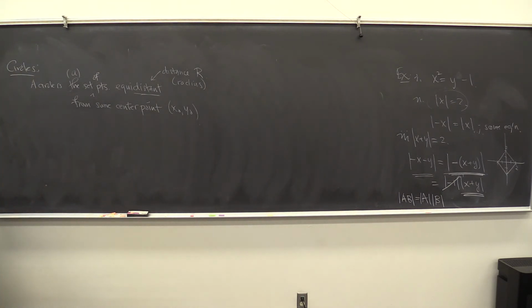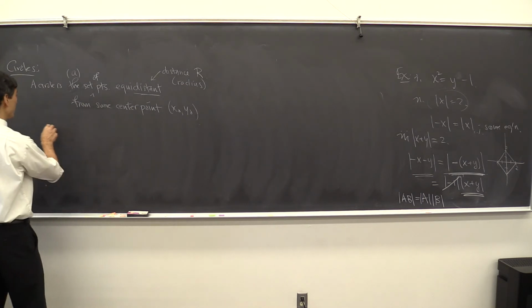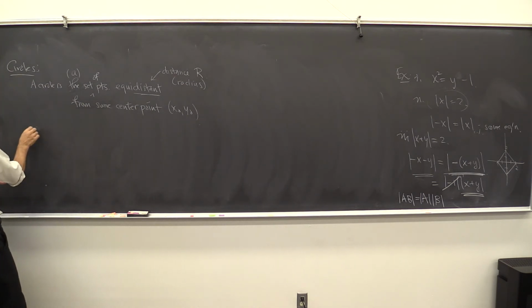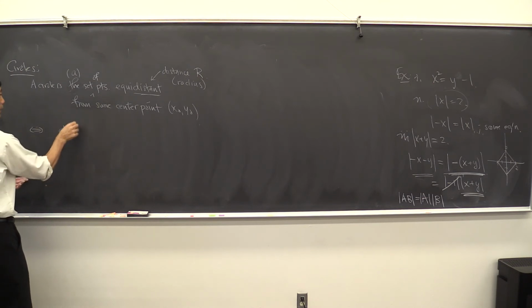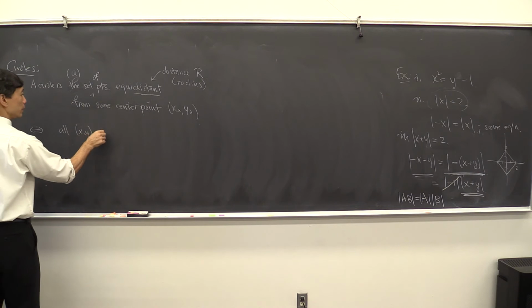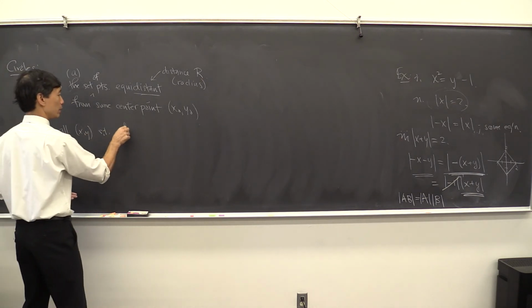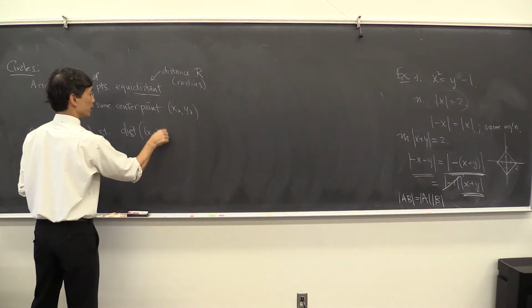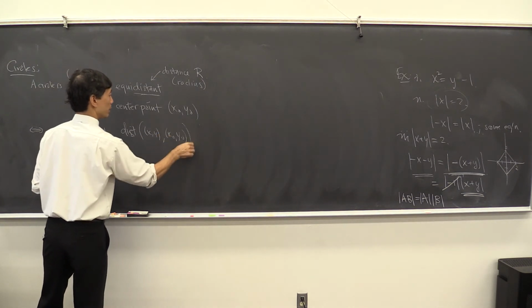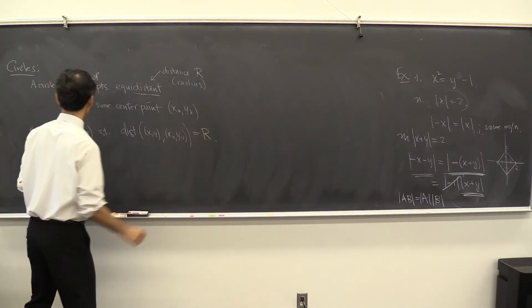So, if we write that in mathematical language, the circle is all xy such that the distance between xy and x naught, y naught is some fixed number r.